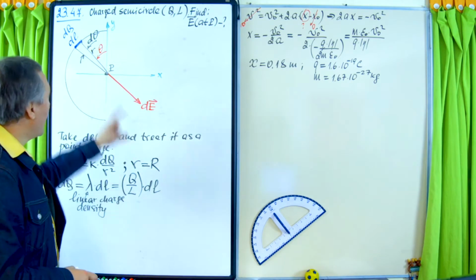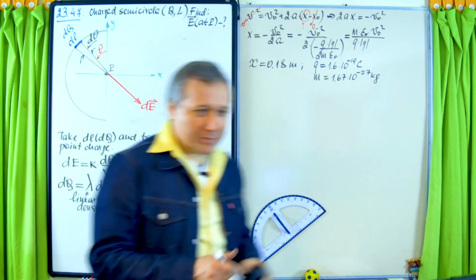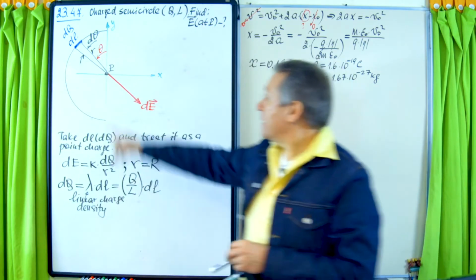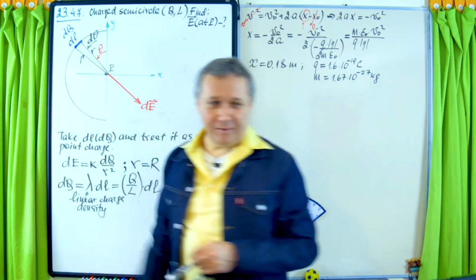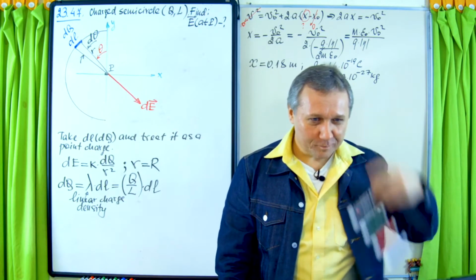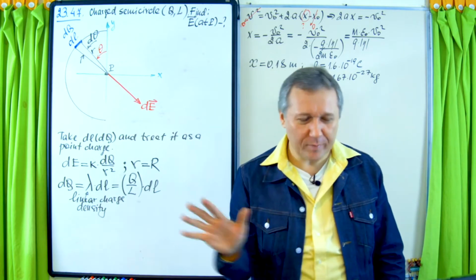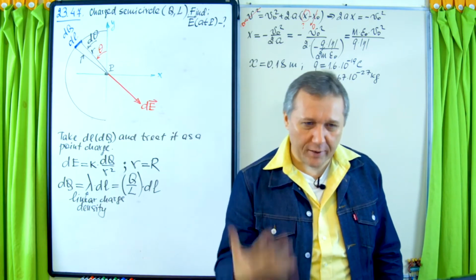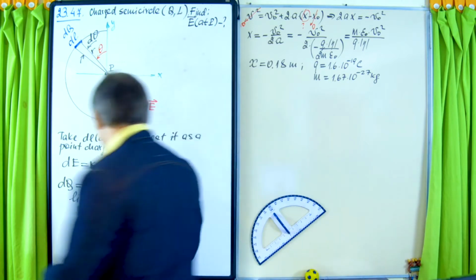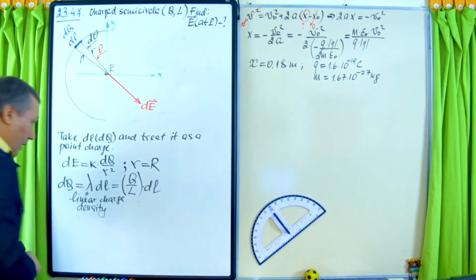Right. Okay, so now, who knows or maybe remembers how to connect this d theta and that dl? Usually at this point, students don't remember this, right? So I have to refresh. We have to refresh how to connect them. Right.